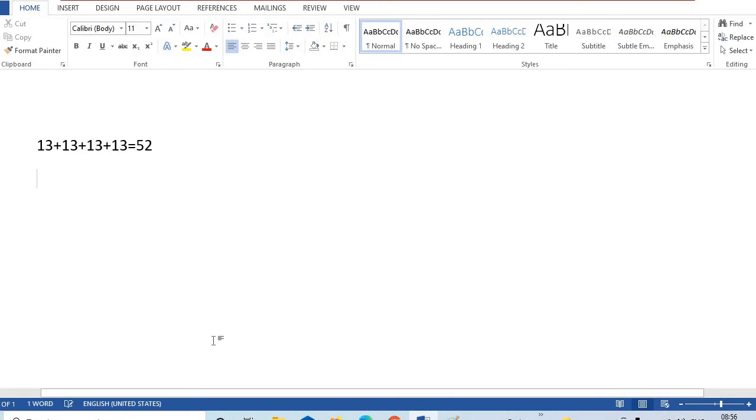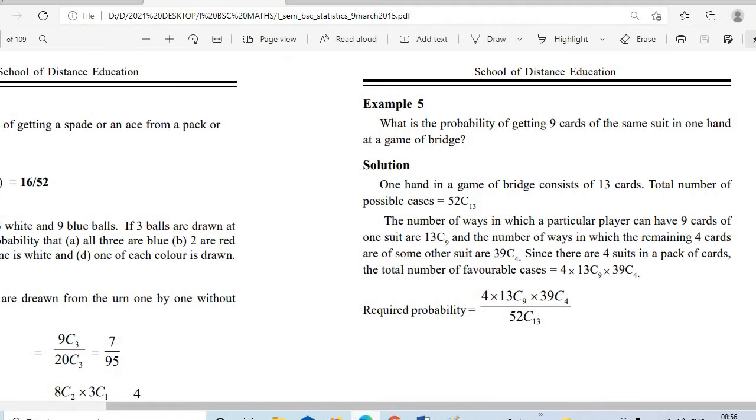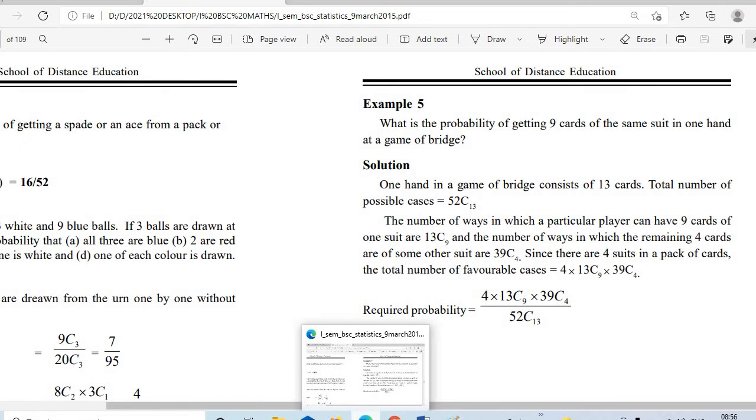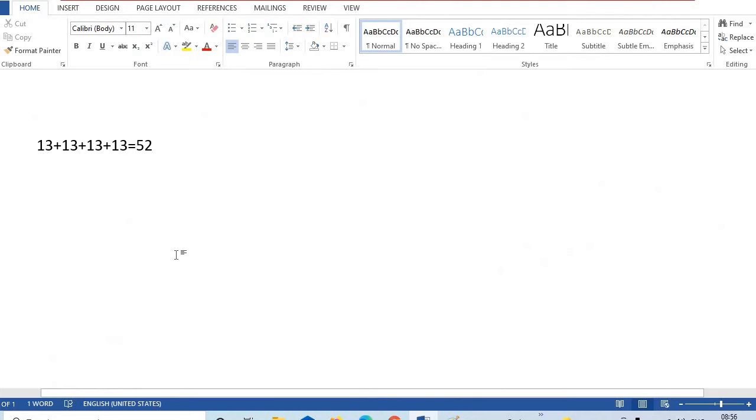So if you select 13 cards at random, we have to compute the probability that 9 are of the same suit. So what will the remaining 4 be? They are of other suits.